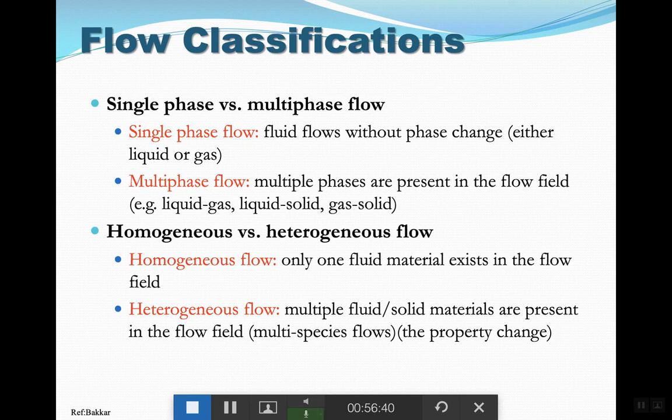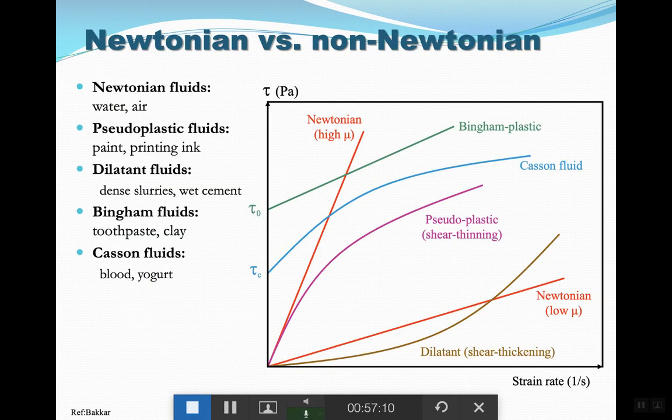For example, you have only water, which means it is homogeneous, but it could be multi-phase because you have liquid water and water vapor. So homogeneous and heterogeneous deal with the number of different materials in your system, whereas single phase or multi-phase deals with the state of the flow.